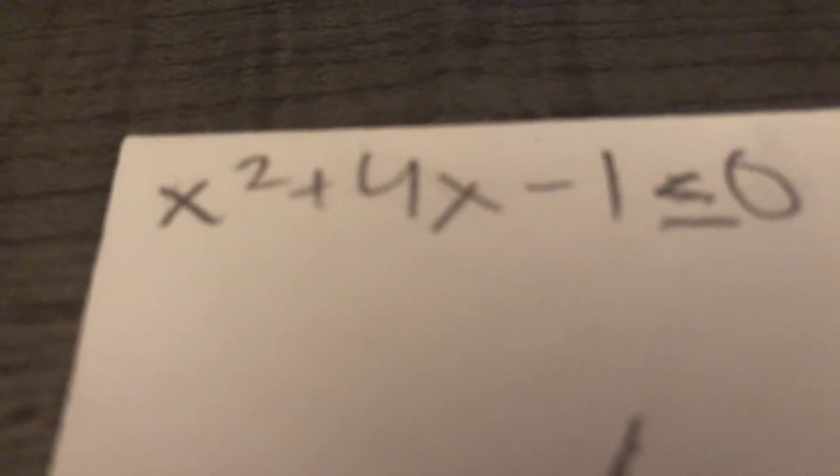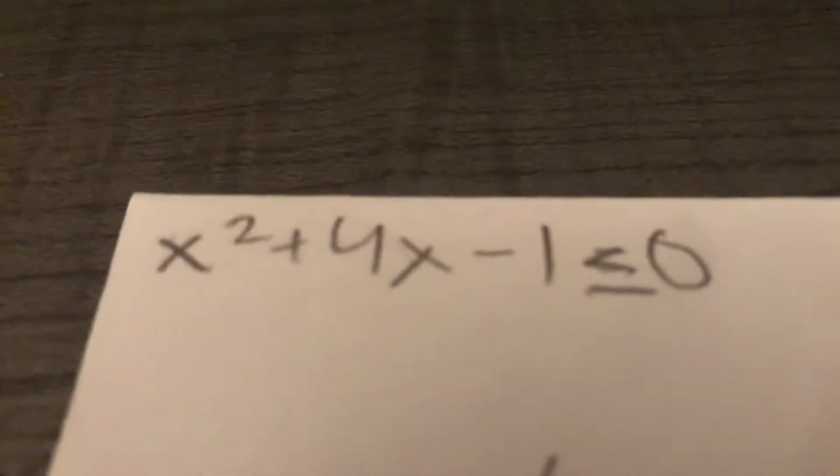Let's just look at some things. Let's try 0. Well, x squared plus 4x, so 0 plus 0 minus 1 is most definitely less than 0. Okay, let's try 1. 1 plus 4 minus 1 is not less than or equal to 0.